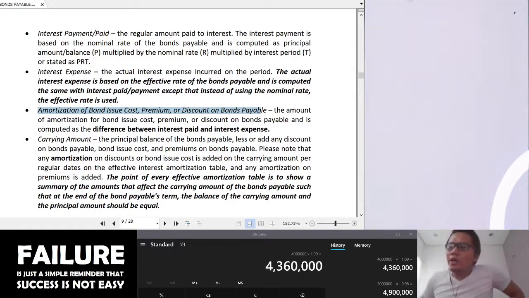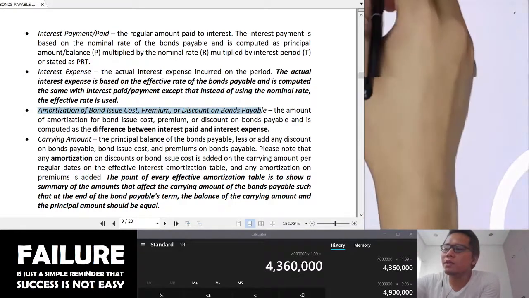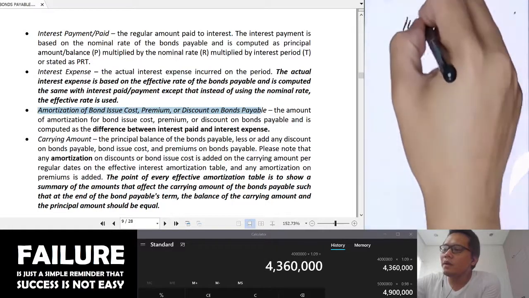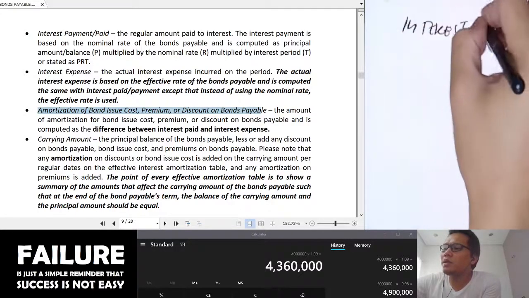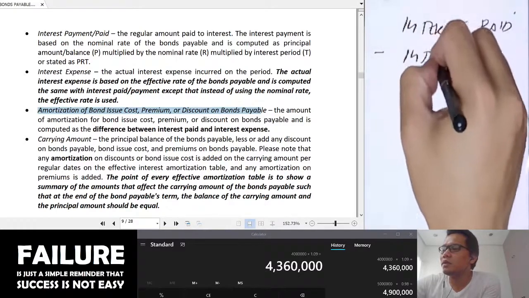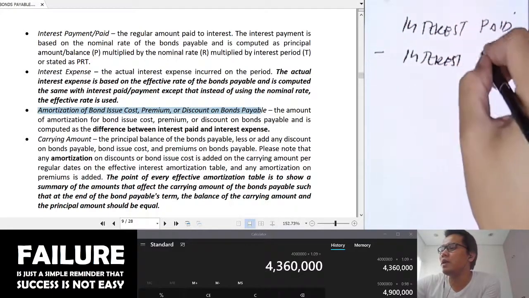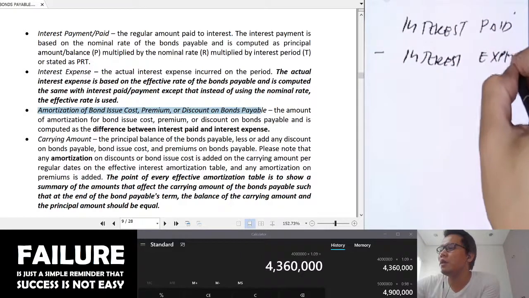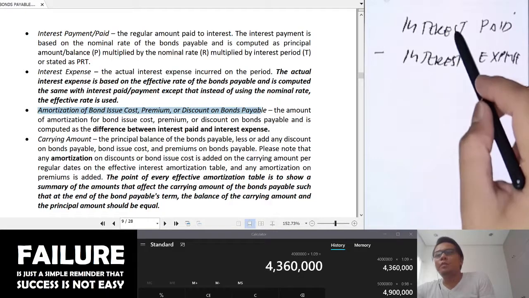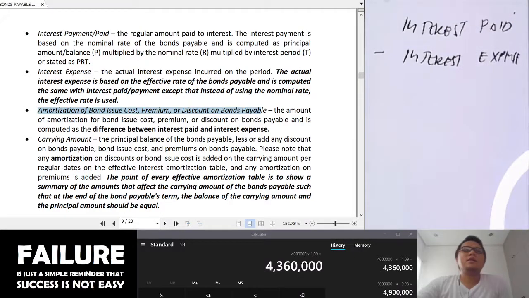So, the amortization of the bond issue cost, premium or discount is basically computed as interest paid minus interest expense. Or basically, the amortization is the difference between interest paid or payment and the interest expense. So, yan yung amortization.